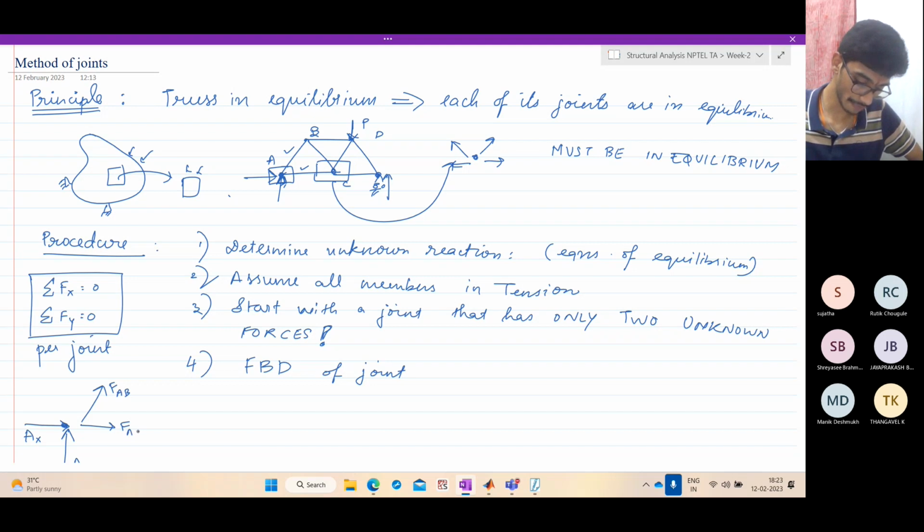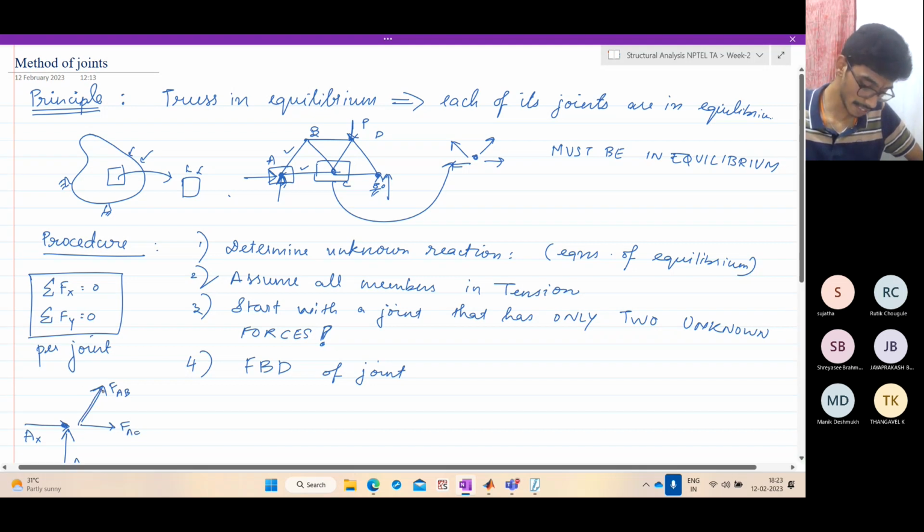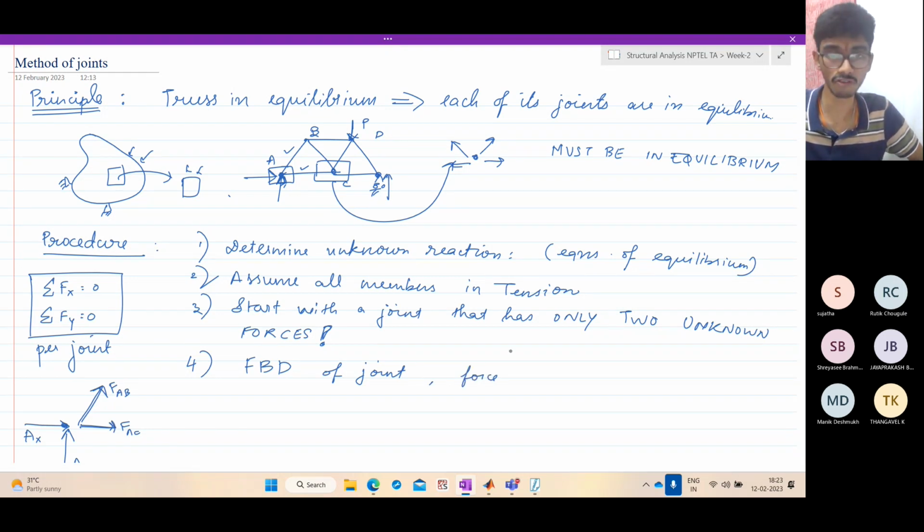And you have an unknown force FAC. So you need to solve for these two unknowns and assume forces acting along the members. Because as we saw, trusses are two force members. The forces will act along the members only.